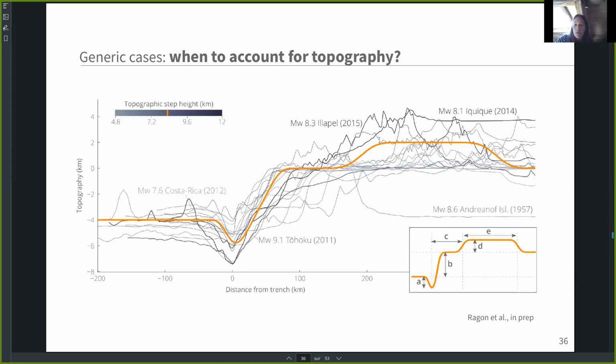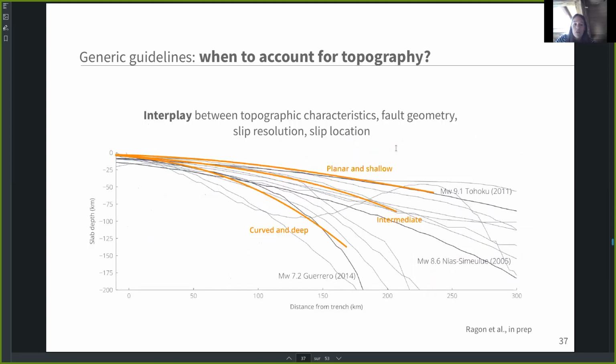This profile is characterized by five parameters: the depth of the trench, the height of the forearc, the width of the forearc, the height of the volcanic arc, and the width of the volcanic arc. The idea is to look at the interplay between these parameters and also between the fault geometry, the slip resolution, and the slip location on the fault.